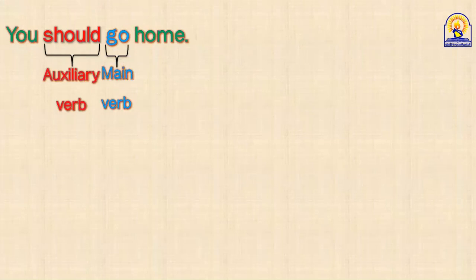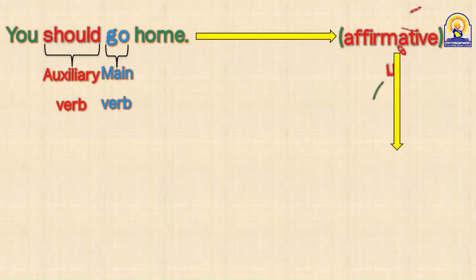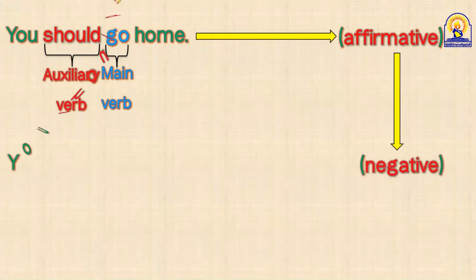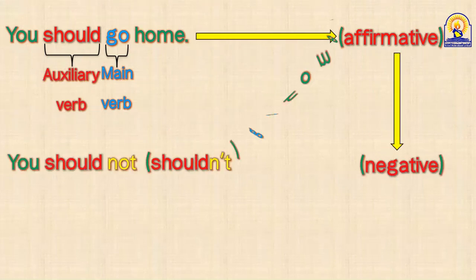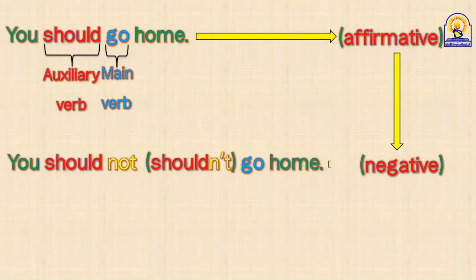Make it negative. You shouldn't go home. Okay, because should is one of the auxiliary verbs, as you know. If you want to make this affirmative statement into negative one, it will be you should not or shouldn't go home. Excellent.